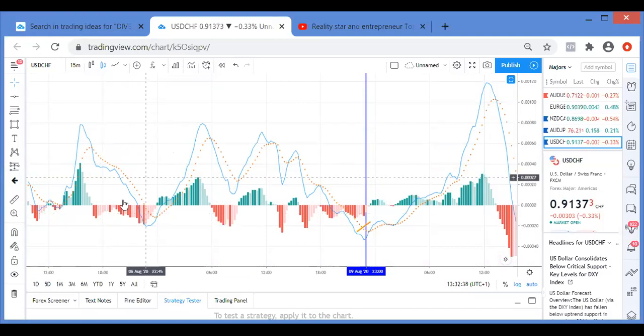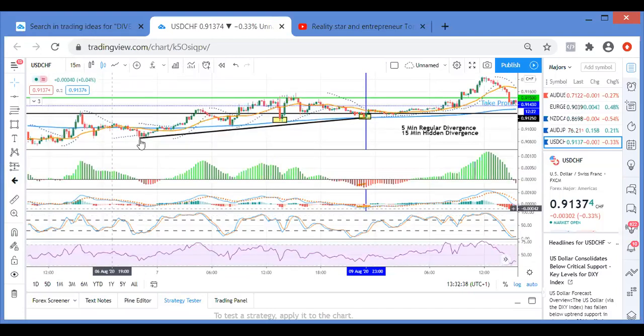So this red area is here, or you can even use this MACD. This red part here is signifying that this is a low. Now on this MACD, this here is a low. Why? Because look, it's red. This low here is a low.